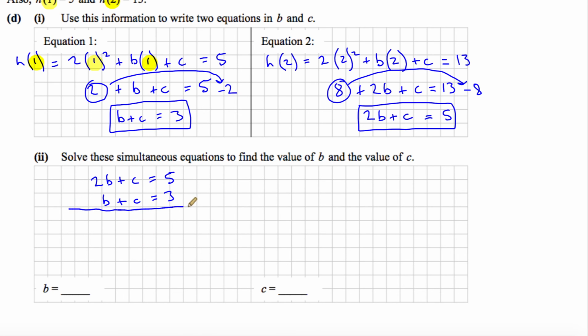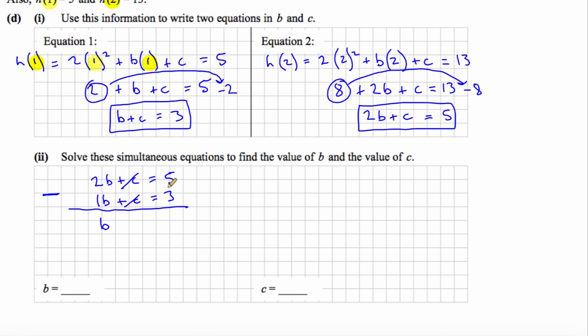So if I write them above each other like this, I can see that if I want to eliminate either the b's or the c's, it's easy to eliminate the c's here by just subtracting one equation from the other. So I'm going to put a big minus sign here to represent what I'm doing. Now b here is the same as 1b. So 2b minus b is just 1b, or b. And c minus c, they cancel, which is why I did this.